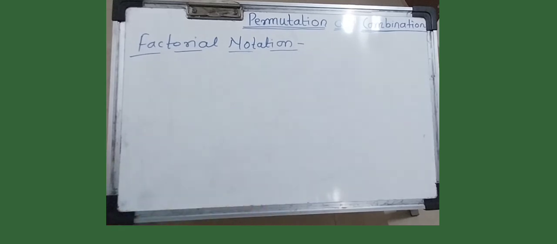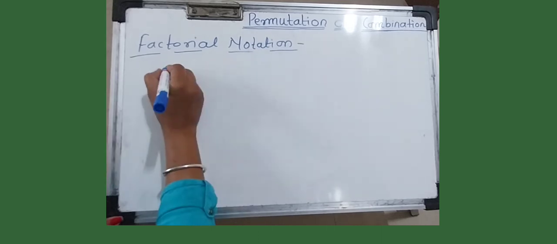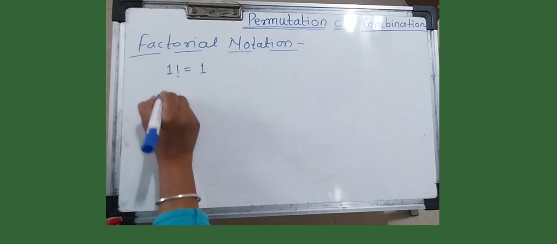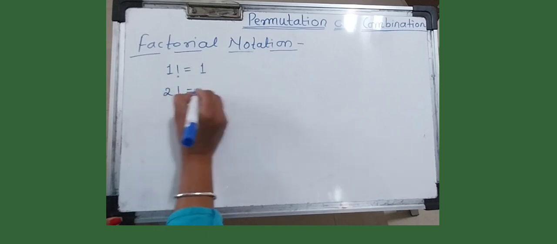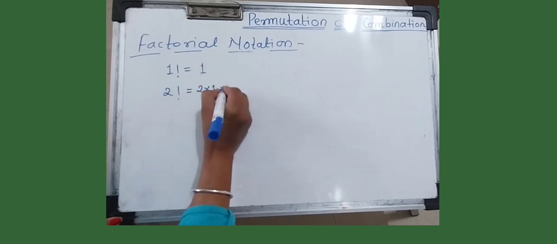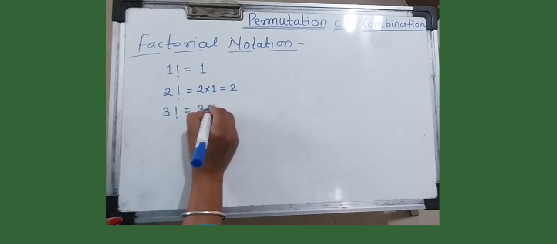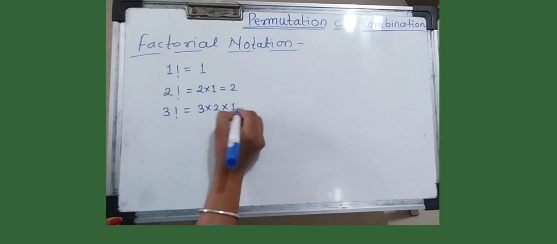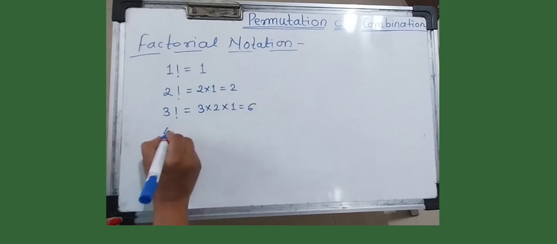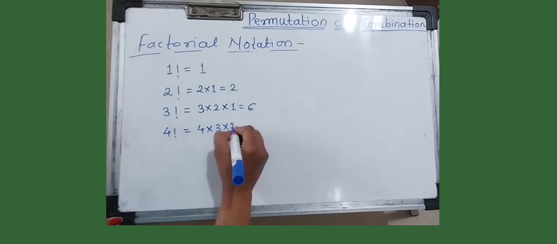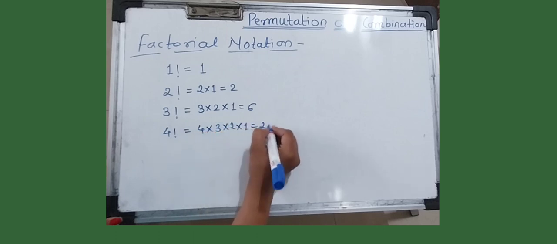1 factorial is 1. 2 factorial is 2 into 1, is 2. 3 factorial is 3 into 2 into 1, is 6. Okay. 4 factorial is 4 into 3 into 2 into 1, is 24.